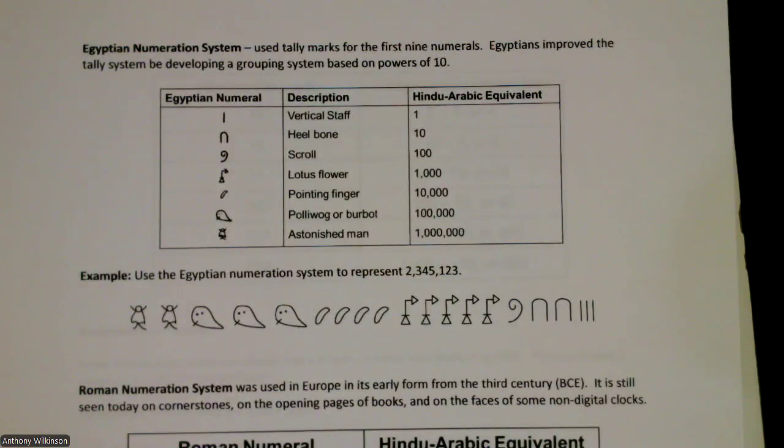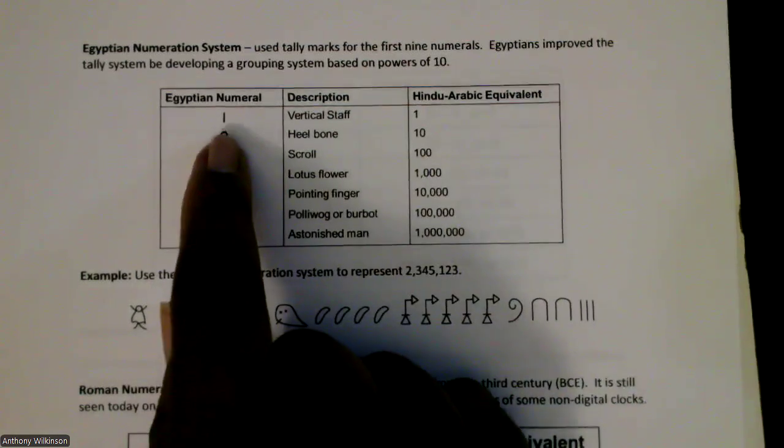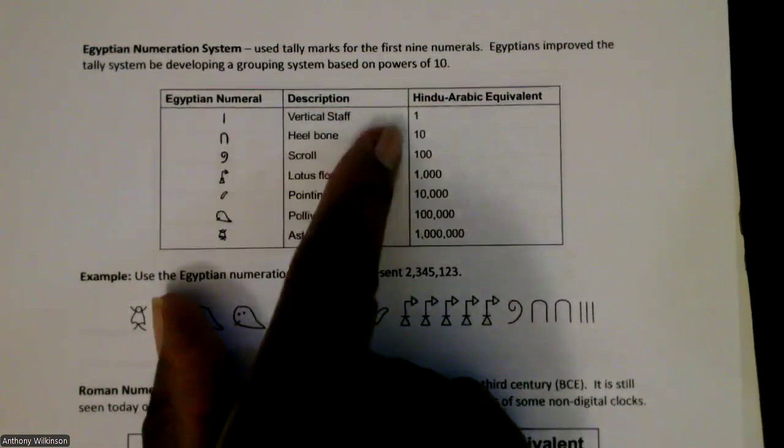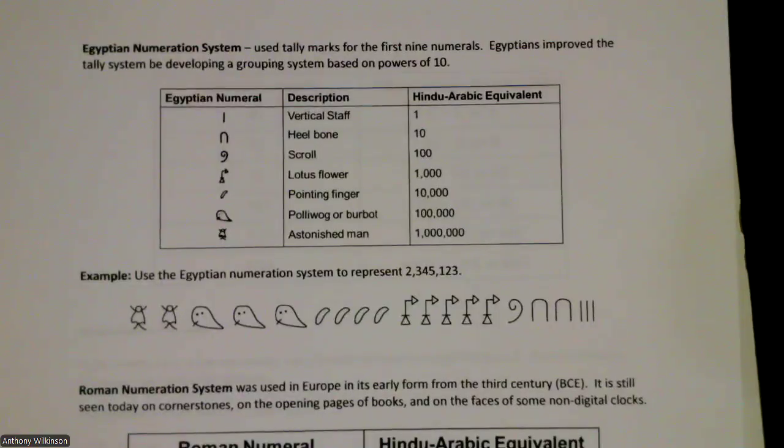All right, next is the Egyptian numeration system. Now, in the Egyptian numeration system, they use tally marks for the first 9 numerals. And then the Egyptians improved the tally system by developing a grouping system based on powers of 10. Okay, so here the vertical staff represents a value of 1.